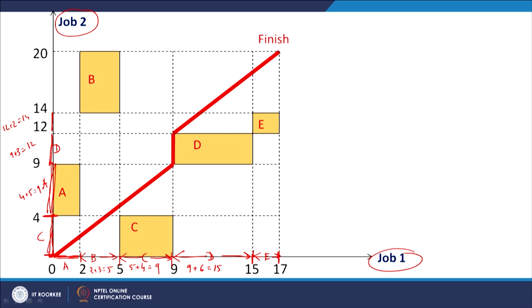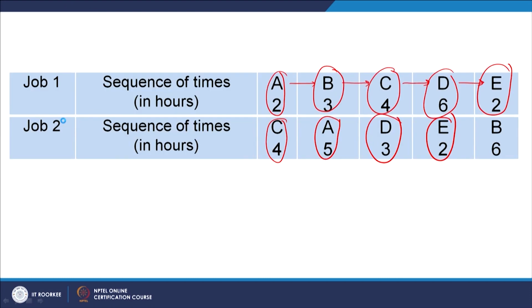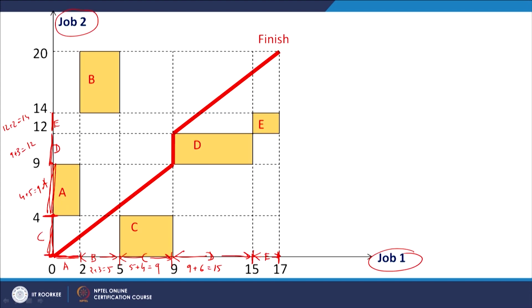So, this one is E. Then in the end we have B, which requires 6 hours. So, from 14 plus 6 is 20 and this is B.